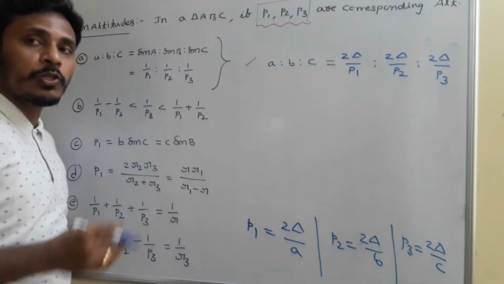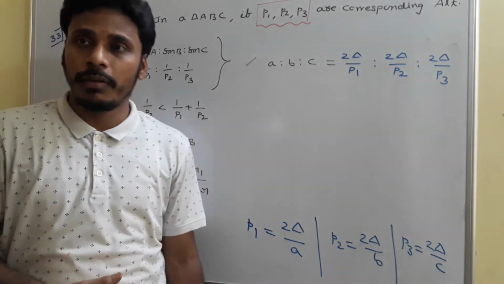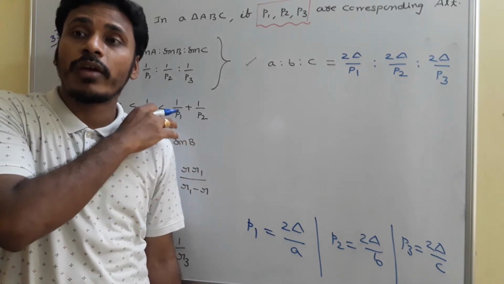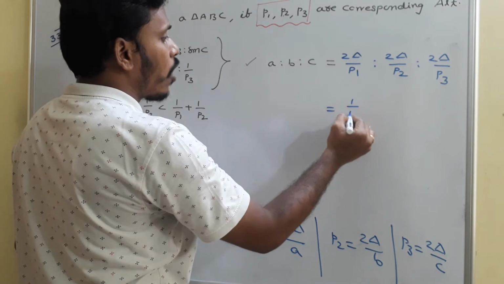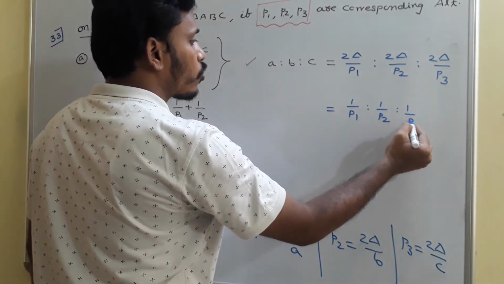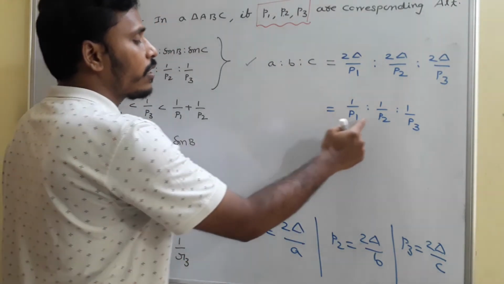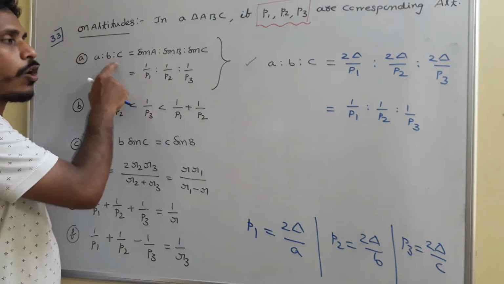Since we are going to observe the ratio between A, B, C, which is 2 delta by P1, 2 delta by P2, 2 delta by P3, and since this is a ratio, we can cancel the same value. 2 delta is common, so cancel it out, and you get 1 by P1 is to 1 by P2 is to 1 by P3. Very simple. The ratio between A, B and C is equal to the ratio between 1 by P1, 1 by P2, 1 by P3.